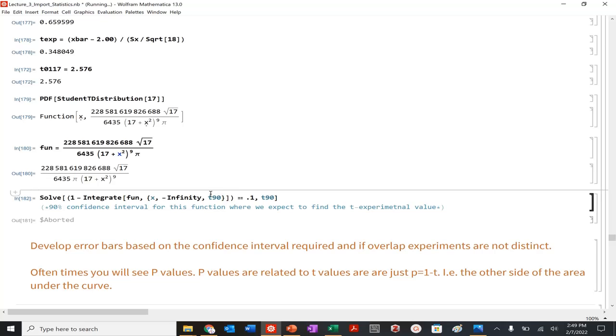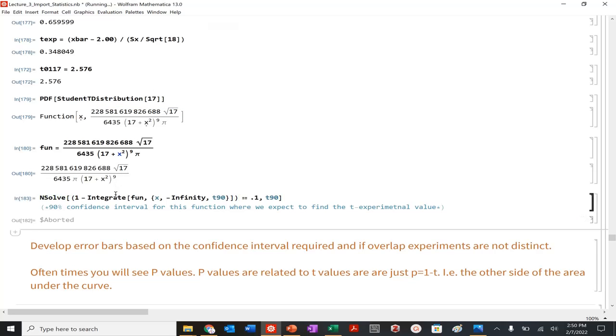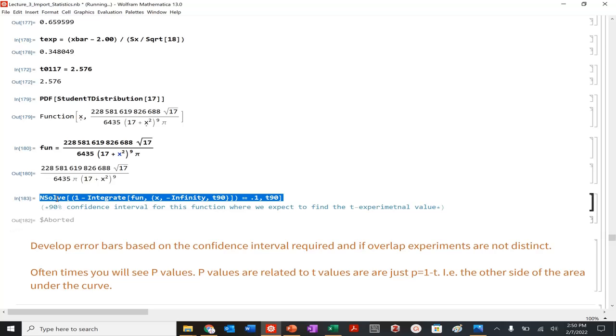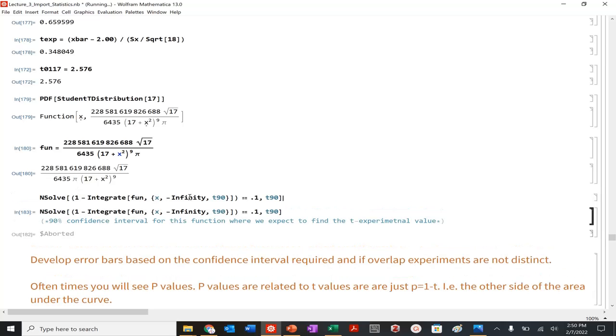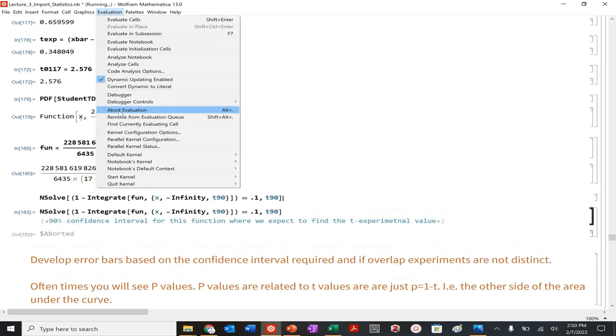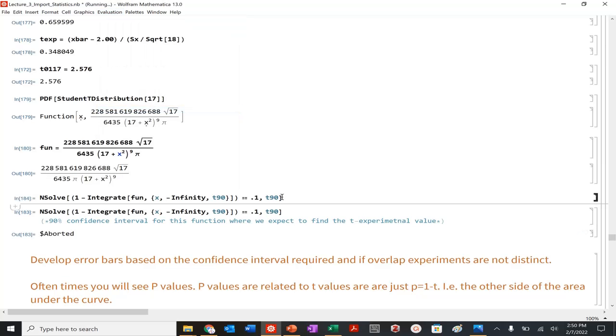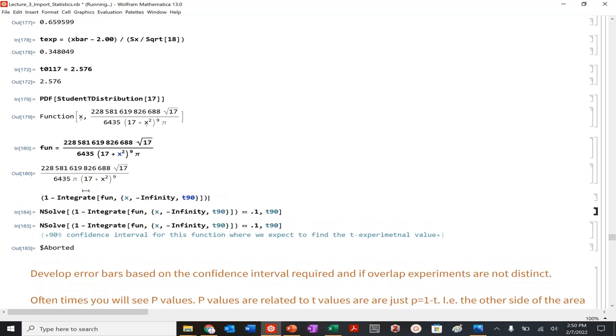Create our function with respect to x, solve for t90. You may even do numerically solve. Let's abort this evaluation and numerically solve it. If this fails, what we'll do is just plug in the number and see how it looks.